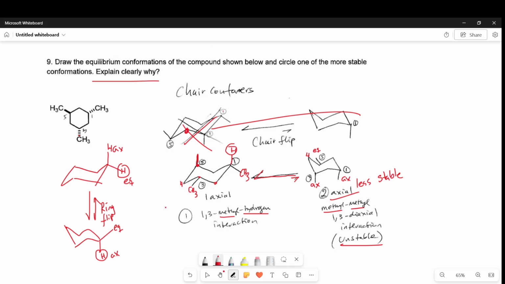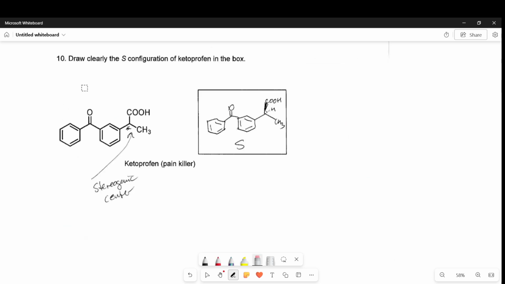So this is a 1,3 methyl-hydrogen, only 1. So this is more stable. So this is how you draw a more stable chair conformation for this compound. Okay? Okay, let's go to number 10.